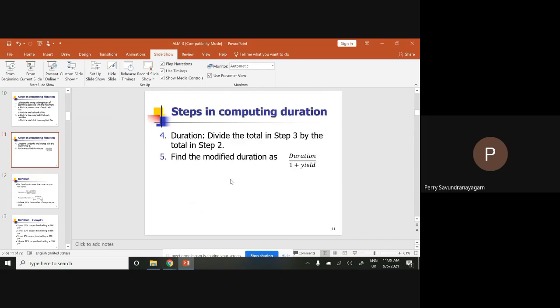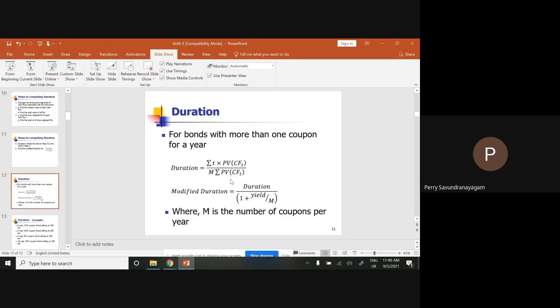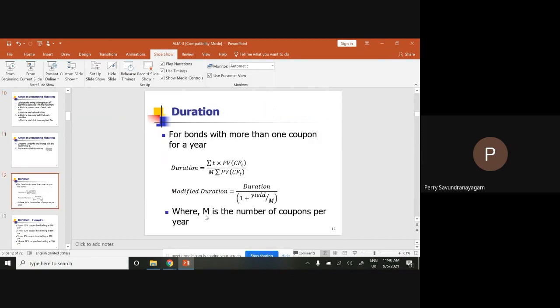So let's look at it step by step. Calculate the timing and magnitude of each cash flow associated with the instrument. You know that there is a coupon and how often you're getting paid the coupon. You present value each of those cash flows to find the total of all the PVs. And then you find the weighted average of each of the PV of the cash flows.